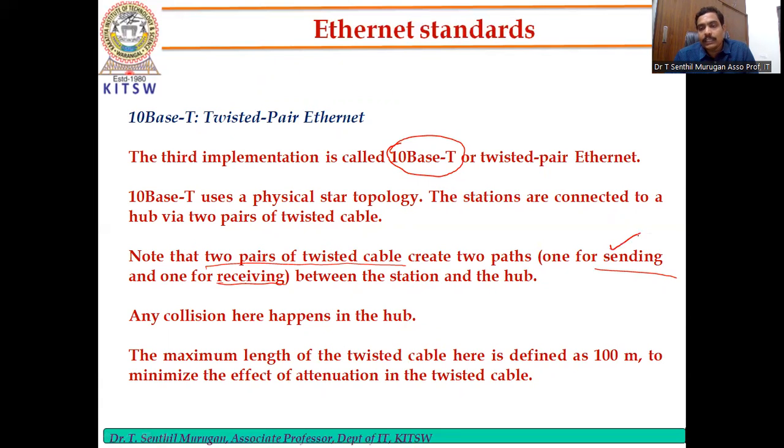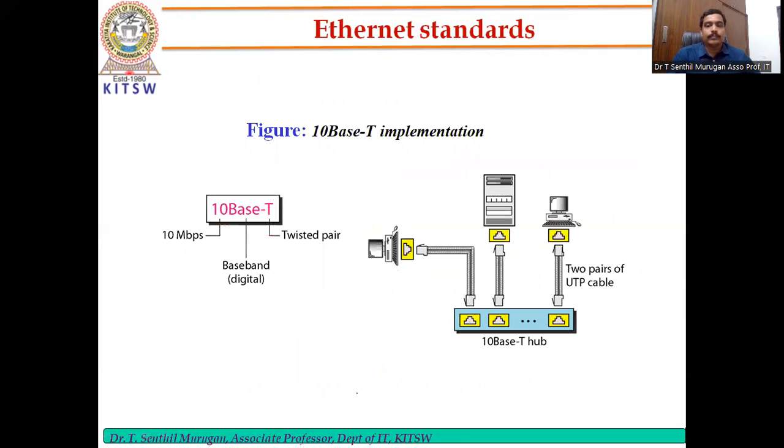Just remember it. The maximum length defined for the twisted cable here is 100 meters. If you use more than 100 meters, attenuation will happen, that is, transmission impairments.